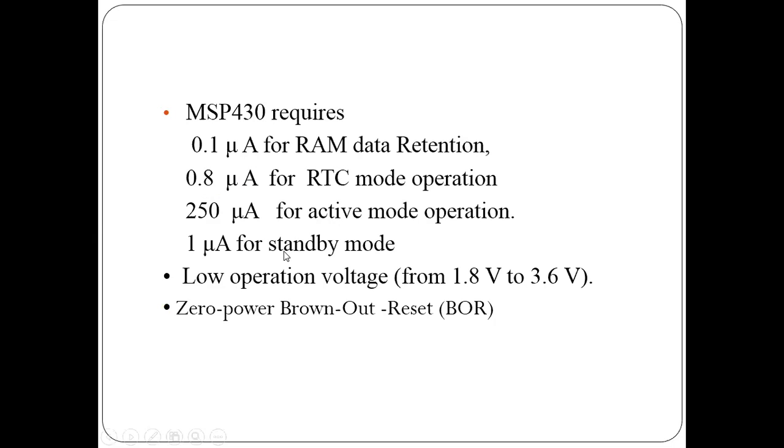The operating voltage is also only between 1.8 volts and 3.6 volts, and it also has a special module called BOR, brown out reset. Whenever the supply drops to dangerous levels, it resets the system. So these are the various features of the MSP430 that are available.